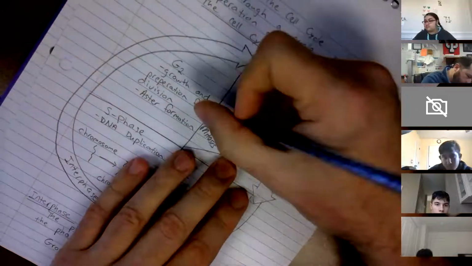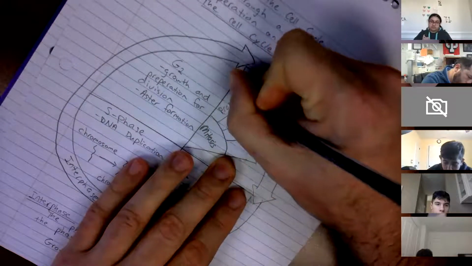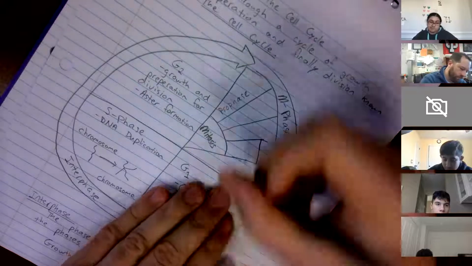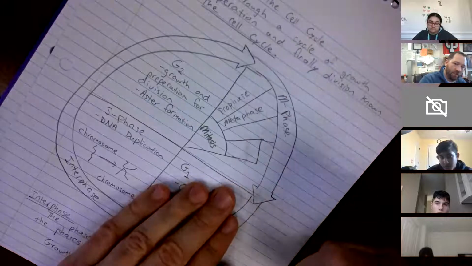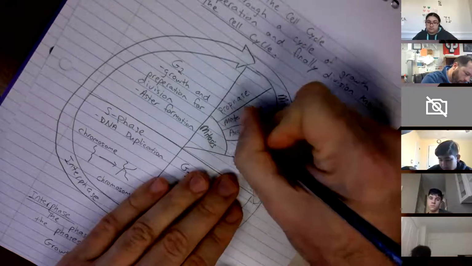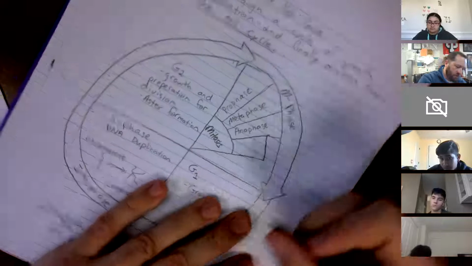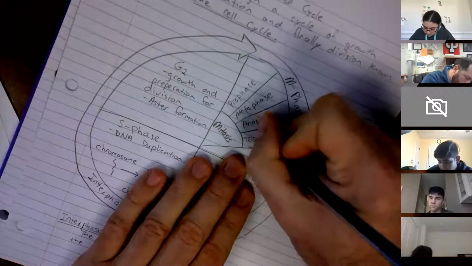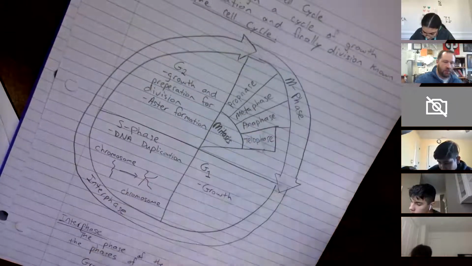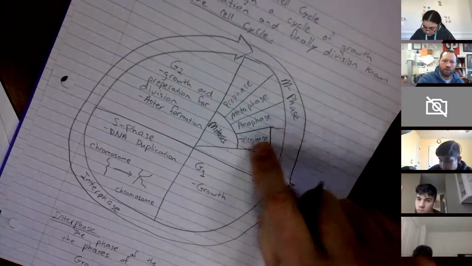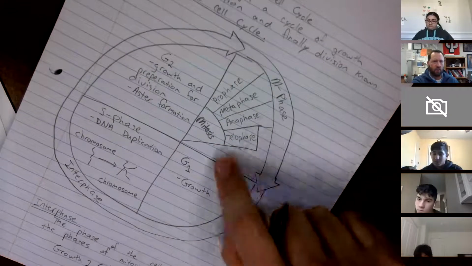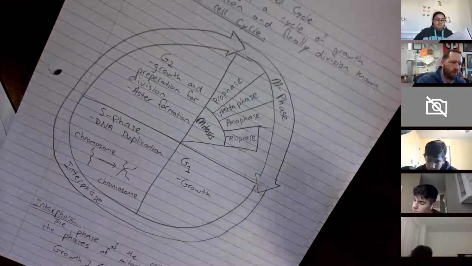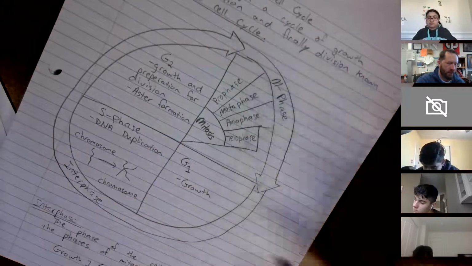Mitosis has then 4 parts to it: prophase, metaphase, anaphase, and telophase. And again, this last part overlaps, especially with telophase, which is what we drew there. Got that overlap. P-M-A-T, PMAT.